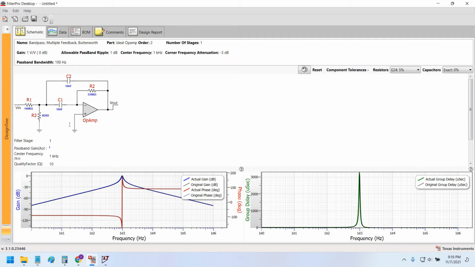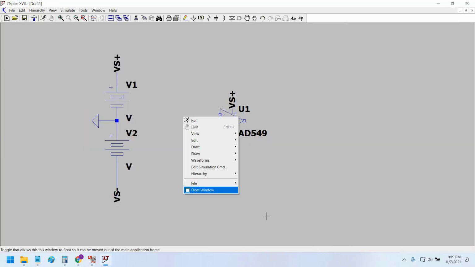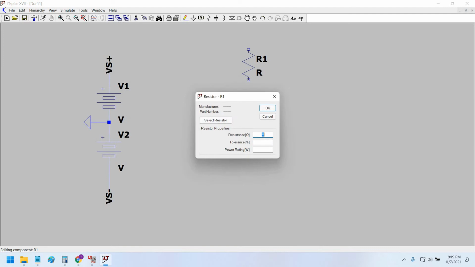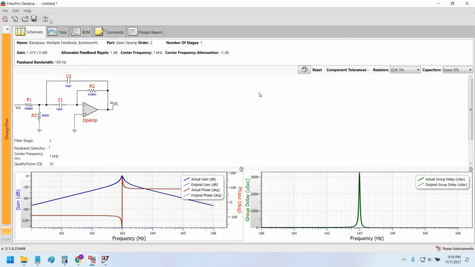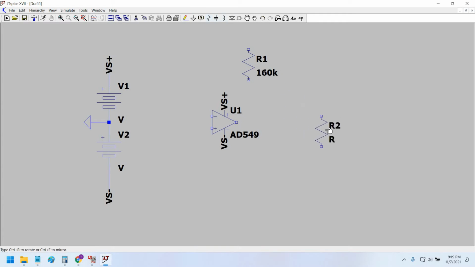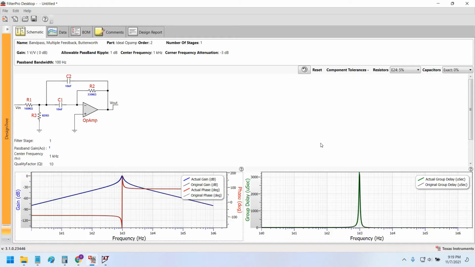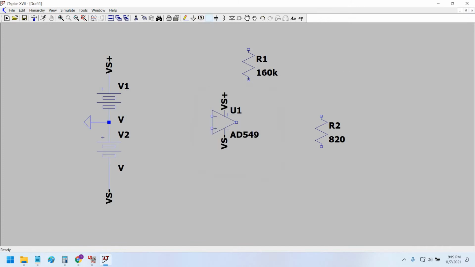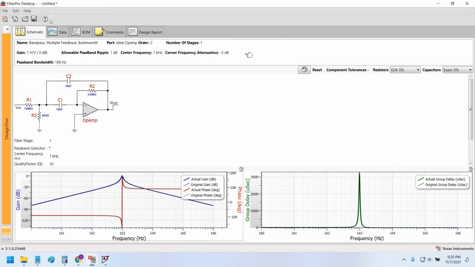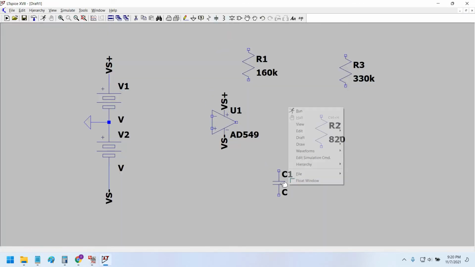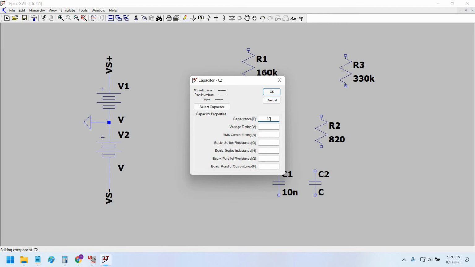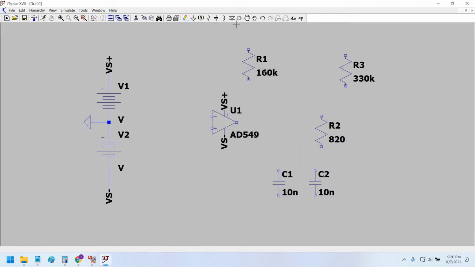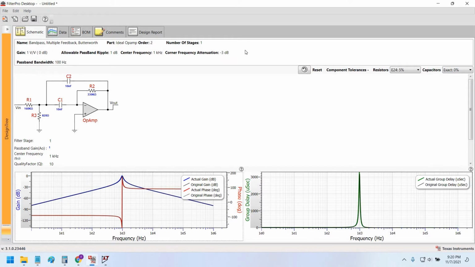So 160 kilo ohm resistor, 60 kilo ohm resistor, 820 ohm resistor, 330 kilo ohm resistor, and 10 nanofarad two capacitors. Okay, now place them. 160 kilo ohm and 820 ohm.